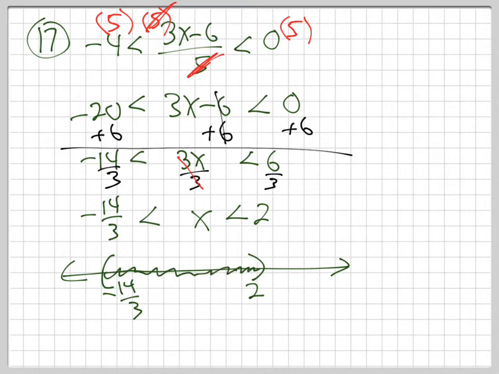And last step, let's do interval notation. And that's pretty easy. Parenthesis, negative 14 thirds, comma 2. So it's nice when there's 2 numbers. You don't have to think a lot about right side, left side. It's just the x is in the middle. The shading's in the middle. Just put down the 2 numbers and you're done. Good there? Questions on that one?